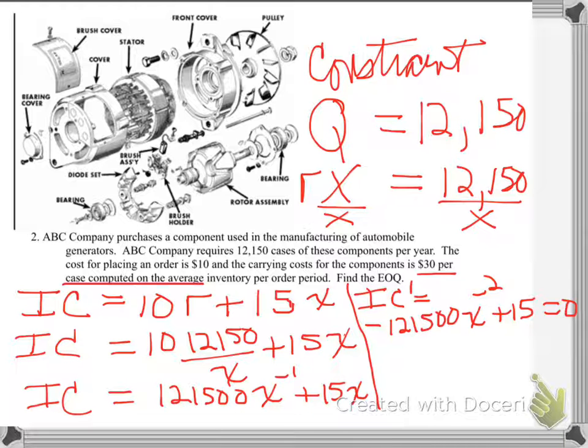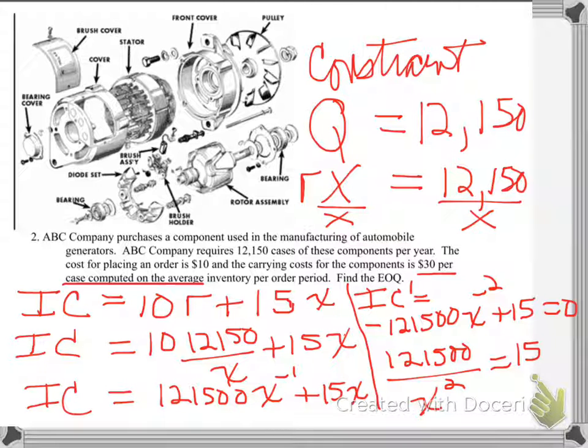Set these equal to each other, the different components, and bring your x squared to the denominator following the exponent rules. That's going to equal 15. Now you should be able to solve for this at this point. I would say 15 times x squared equals 121,500.